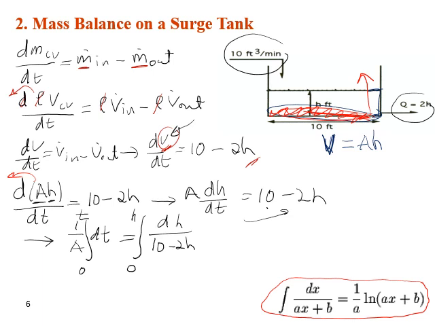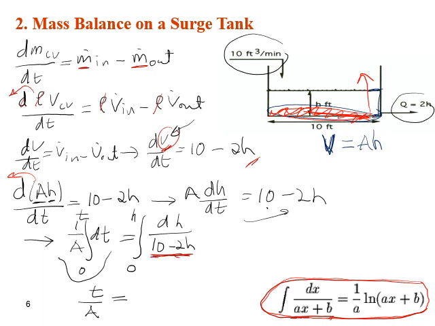And so on the left hand side, as you can see, it is just t over A. Okay, and this is equal to what? Now I want to compare this with the equation that I showed you at the beginning. So your h is the same as your x, minus 2 is the same as a, and 10 is the same as b.